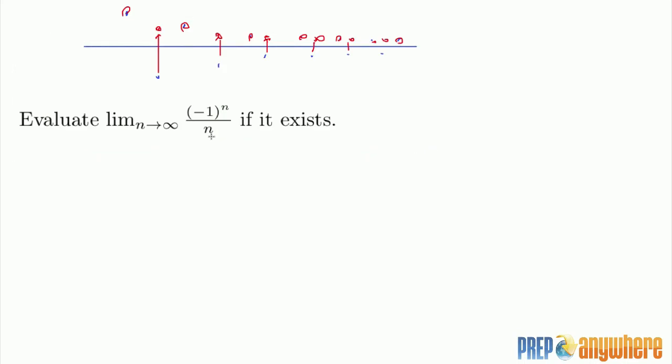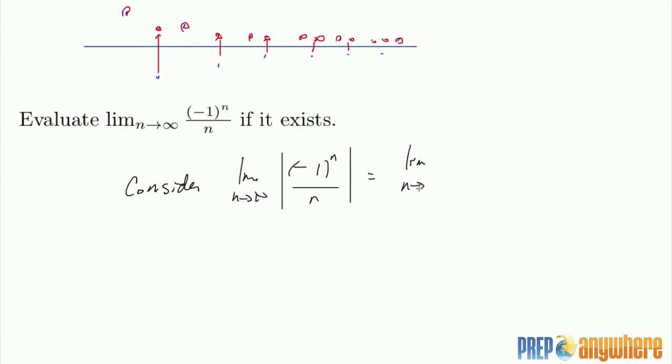Okay, let's clarify that with an example. Here we have a limit that will fluctuate up and down based on what n we put in here. Let's consider the limit as n approaches infinity of the absolute value of that, which is essentially, if you take the absolute value of (-1)^n over n, it's equivalent to just 1 over n.